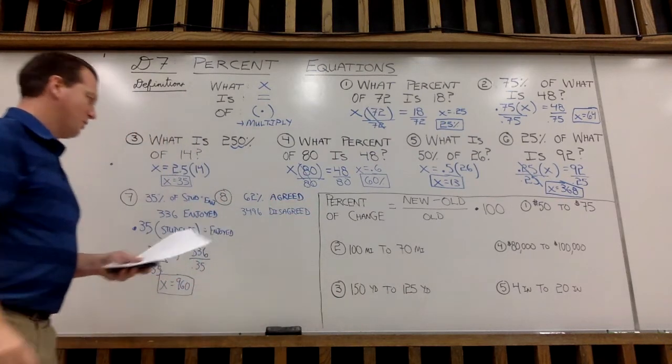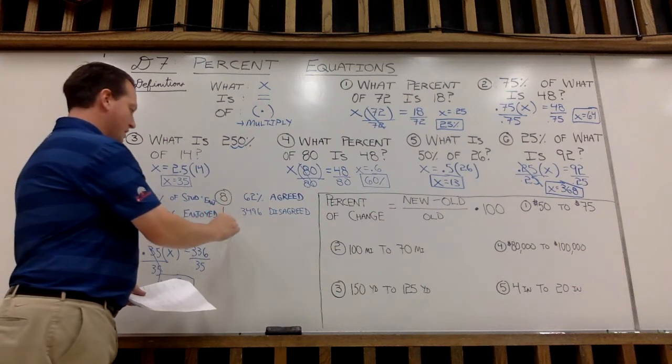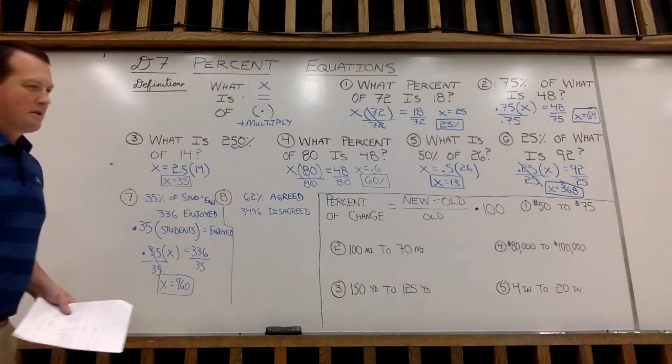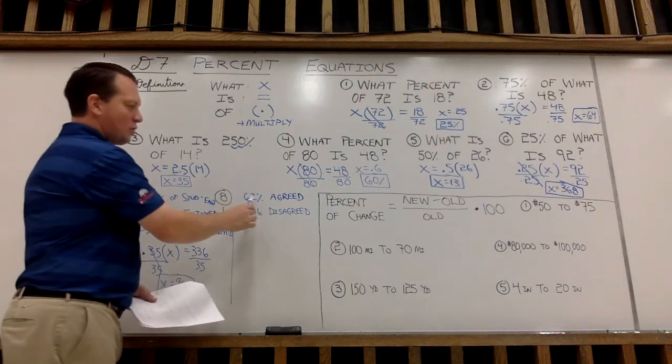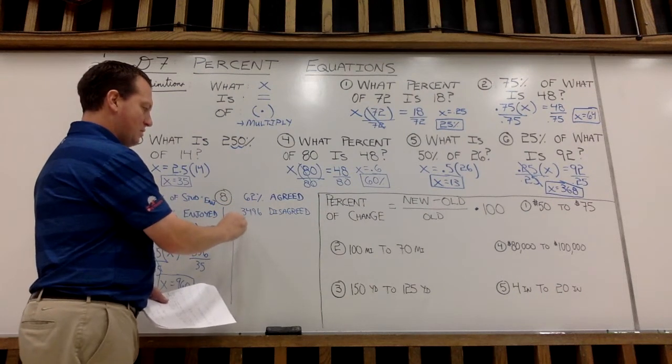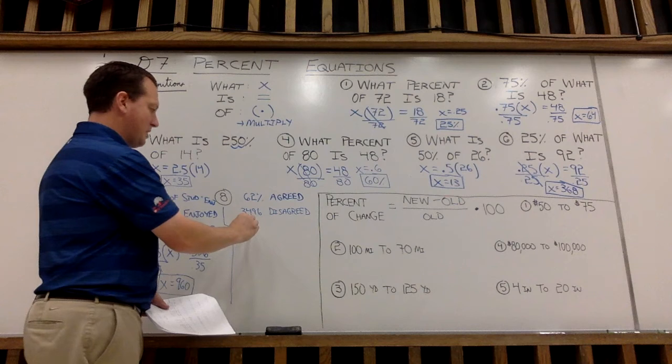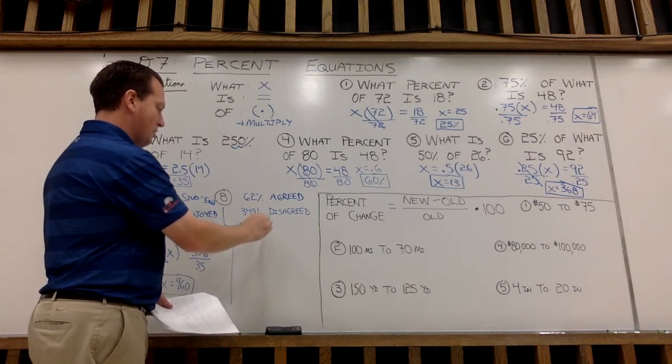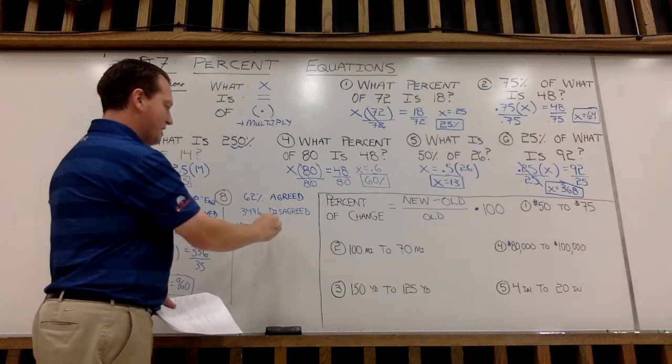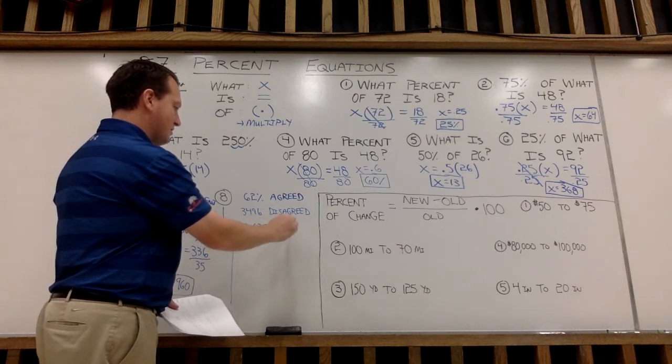And we want to figure out how many residents live in the city. Well, if 62% agreed with the law, 100% would be everybody, so 100 minus 62 would equal 38% disagreed.